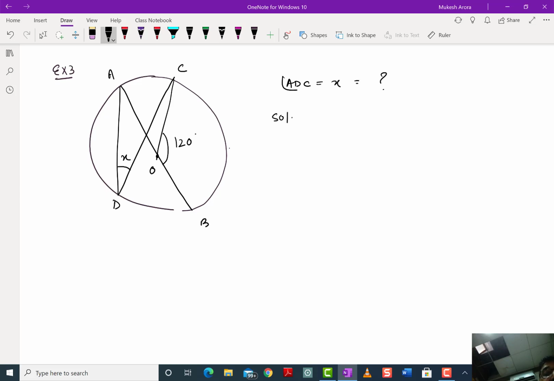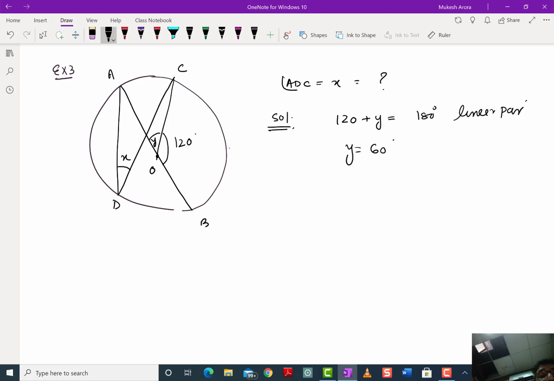Solution. This is Y. 120 plus Y is equal to 180, linear pair. So angle Y is equal to 60 degrees.